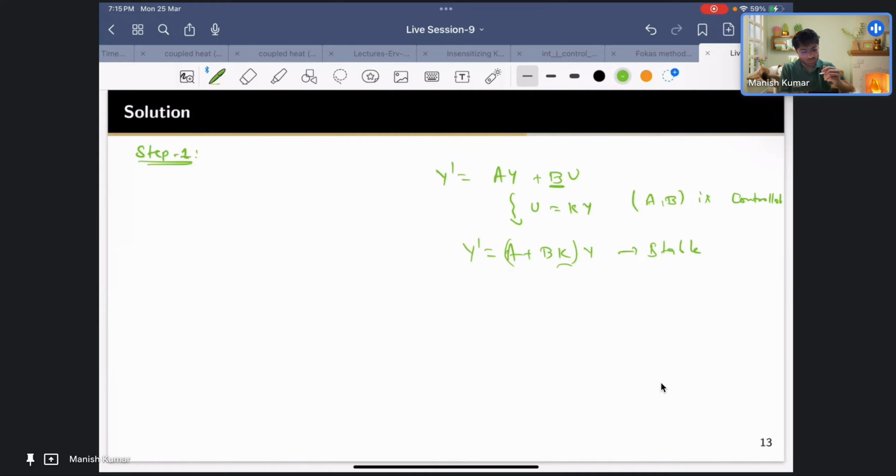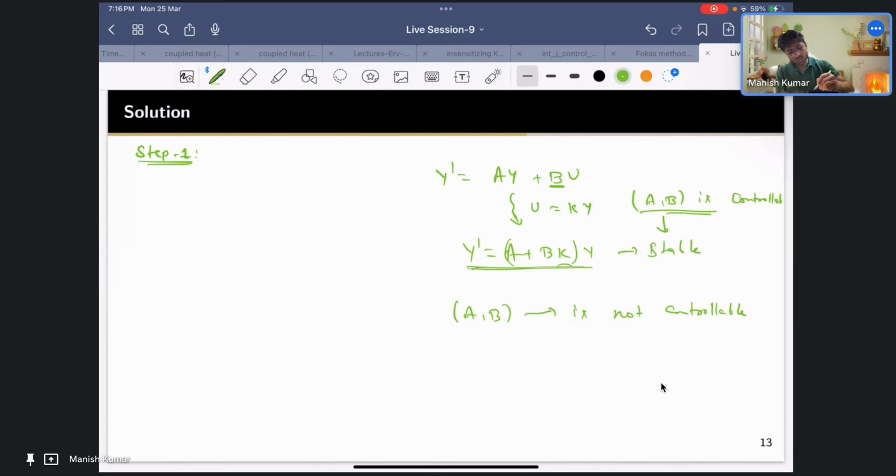Now the question is, the converse is not true. If (A, B) is controllable, you have this kind of condition, but the reverse is not true. So suppose (A, B) is not controllable. Then you cannot say that you cannot stabilize it. That is not true. We'll see some example.